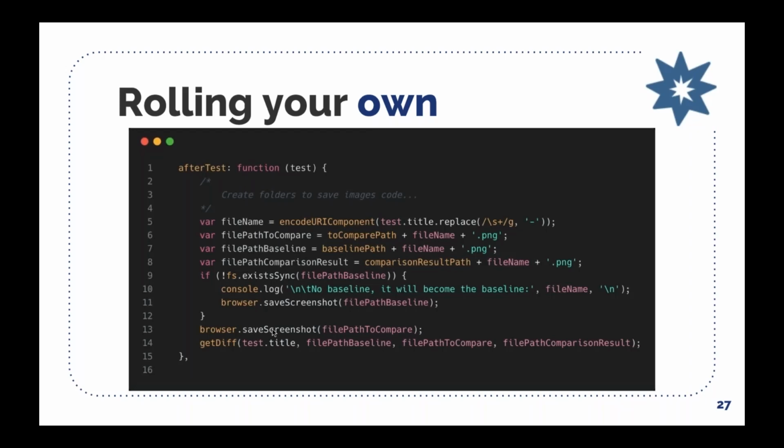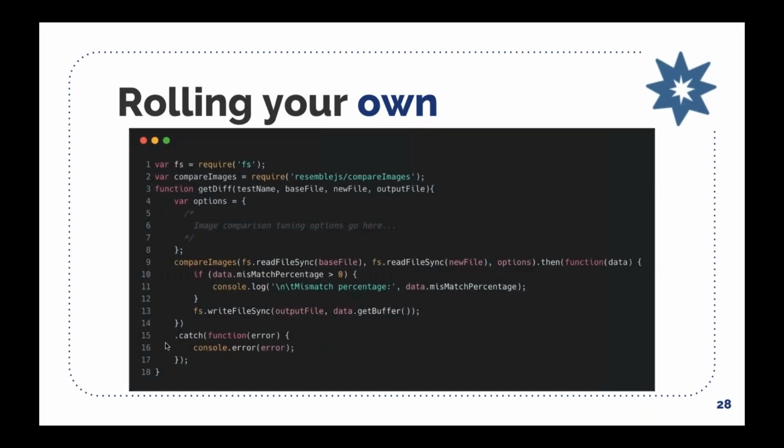And in the end, we implemented this small function called getDiff in line 14. And how does that function look? We were using the JavaScript project called Resemble.js, and you just have to add it to your project, and it brings you out of the box a lot of options to tune your comparisons. We are not showing them there because they're extremely long.